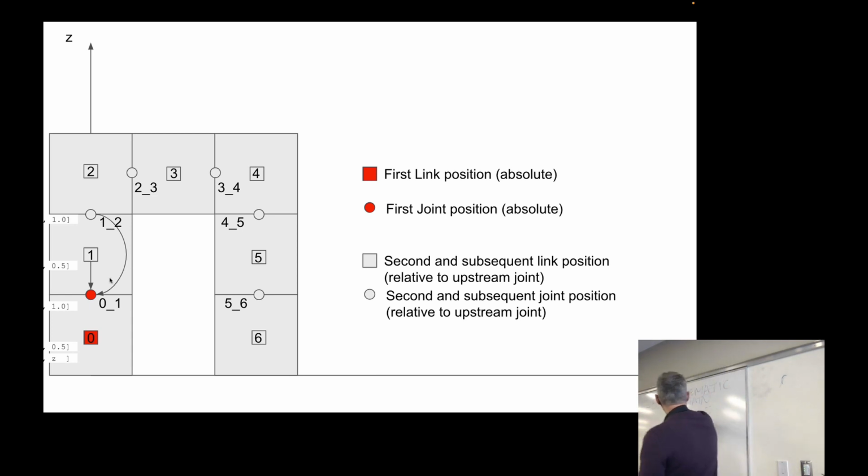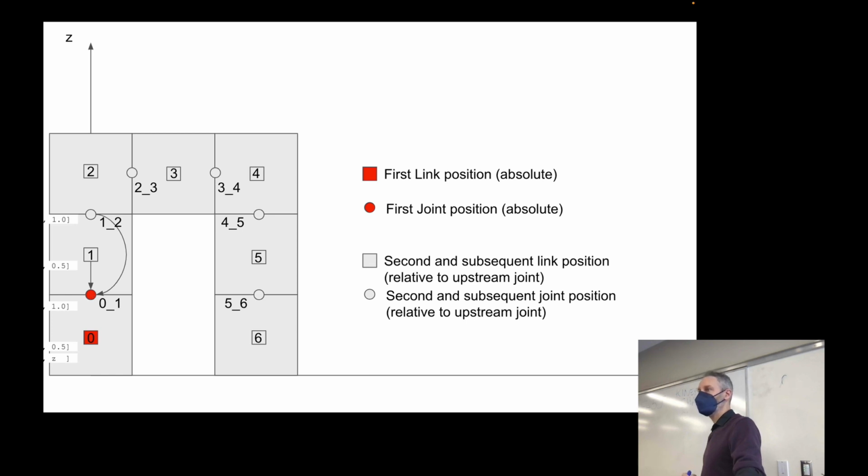If we walk backwards along this kinematic chain from 2 to 1, 2 to 1 to 0, 1, we can see that 0, 1 is upstream of 1, 2. Everybody see that? So we define the position of this new joint relative to its upstream joint, and we indicate that the position of joint 1, 2 should be 1 unit above joint 0, 1.